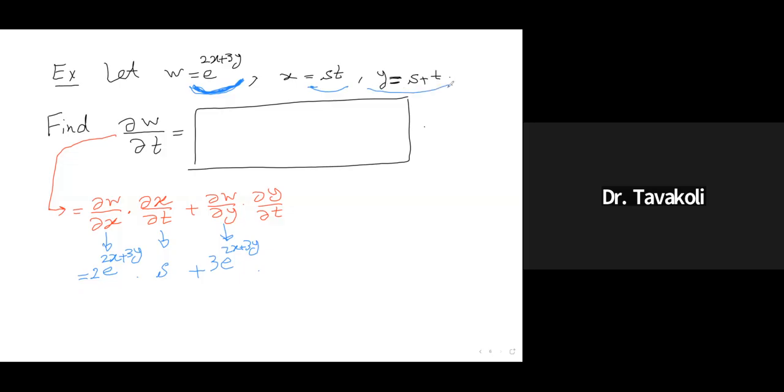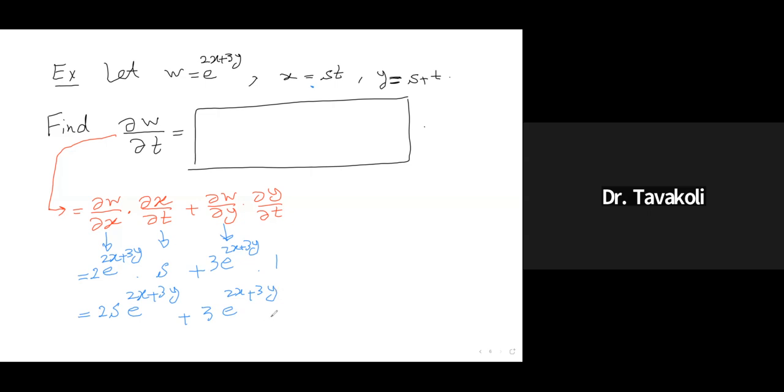The partial derivative with respect to t is just 1. So let's simplify, and finally we need to write everything in terms of s and t. So 2s e to the power of 2x plus 3y plus 3 times e to the power of 2x plus 3y.